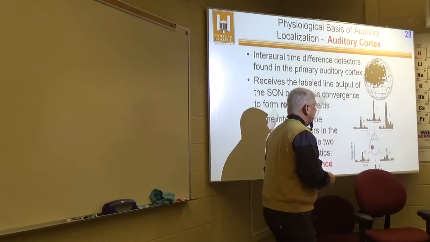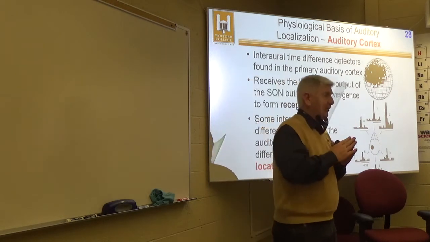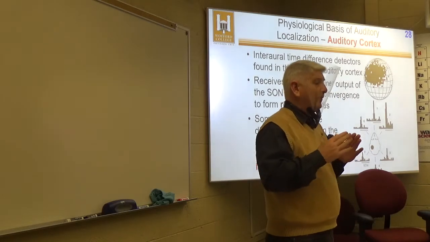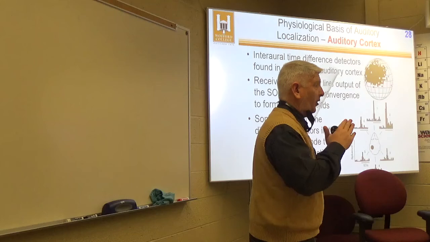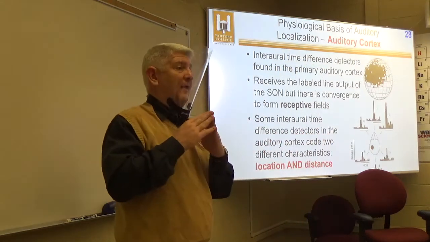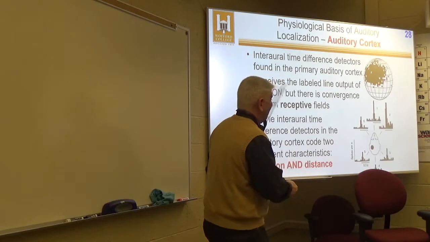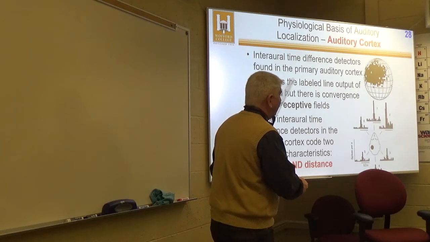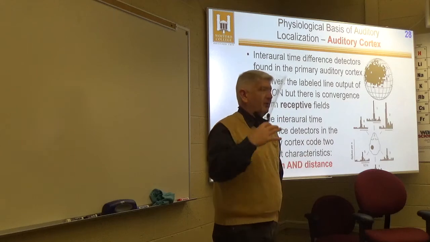So here, if we look at one of these neurons that's coding for that, we see that it has a tuning curve, just like we see with frequency in the auditory cortex, but now these localization neurons have tuning curves that are most sensitive to a certain place, and this place would be slightly to the right of the head, and as we move away from that place, the tuning curve goes down.